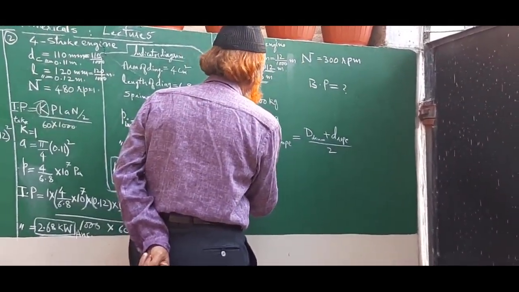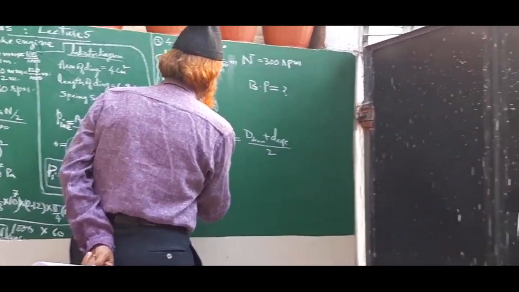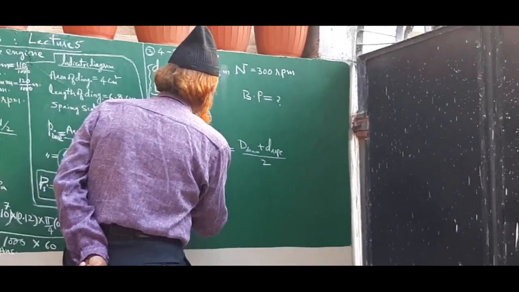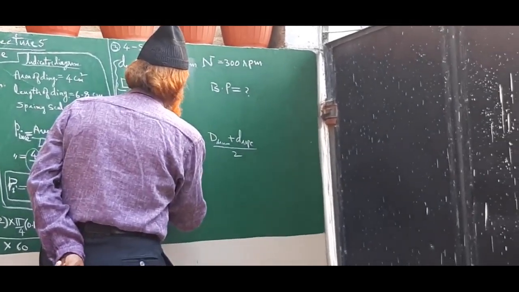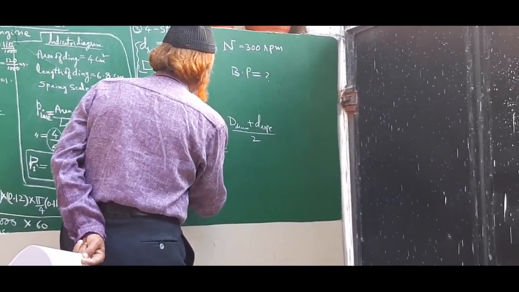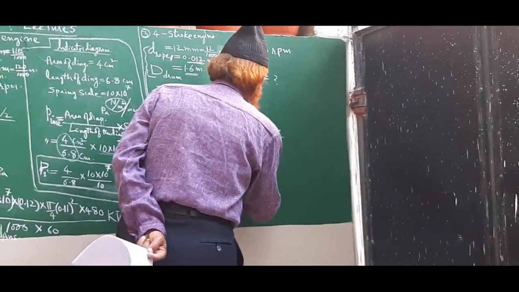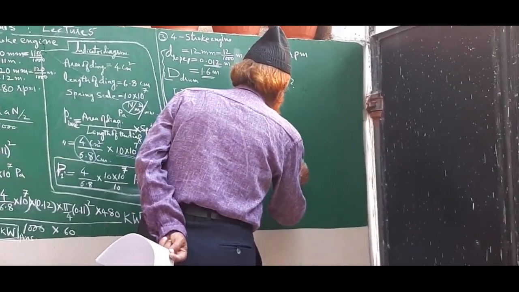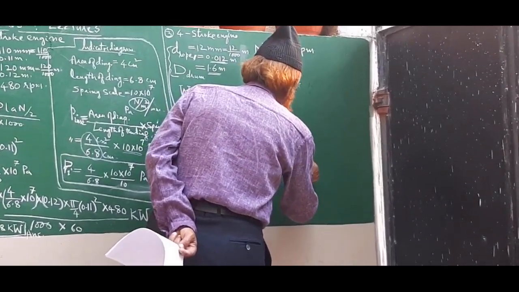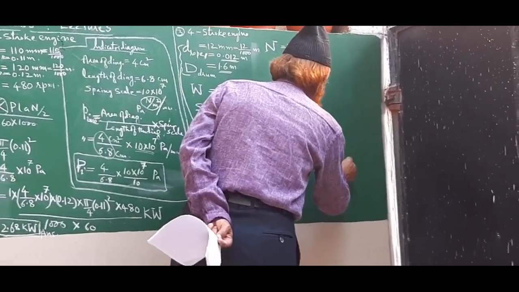Therefore, from these two we get 1.6 meter plus 0.012 meter divided by 2, or 1.612 divided by 2 meters, or simply 0.806 meter.